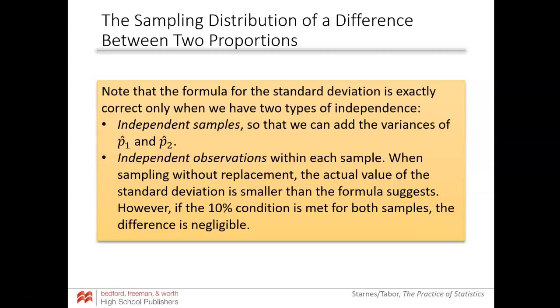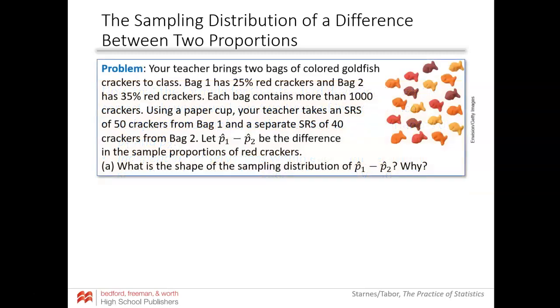So when sampling without replacement, the actual value of the standard deviation is smaller than the formula suggests, but because we're satisfying the 10% condition, the difference is so negligible that they just don't worry about it. It just makes your math easier. So that's why we keep insisting that you have to say the 10% condition is met. That allows you to use these nice formulas. And believe it or not, those are nice formulas.